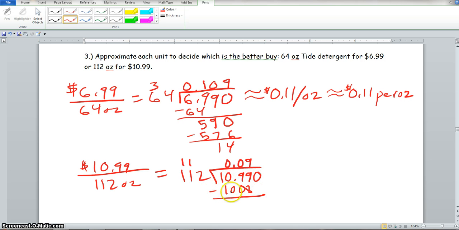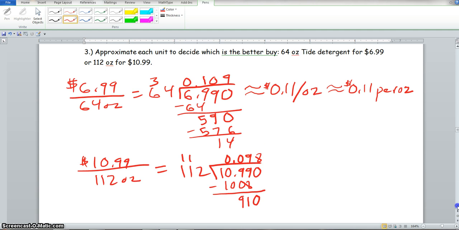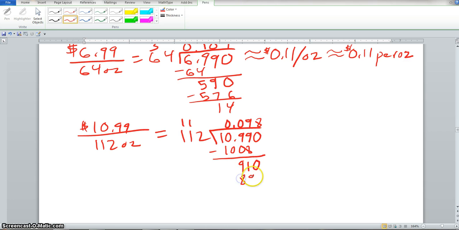So we have 1,099 minus 1,008, which will leave us 91, and we'll bring down our 0. Now 112 goes into 910. That would be 8 times. So this would give us 896. 910 minus 896 will give us 14. So we have approximately 10 cents per ounce, or we could rewrite this as 10 cents per ounce.